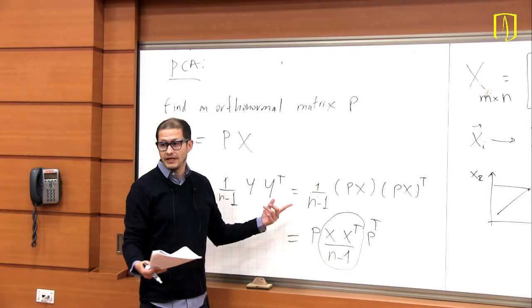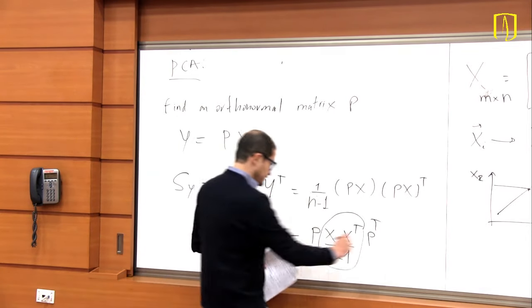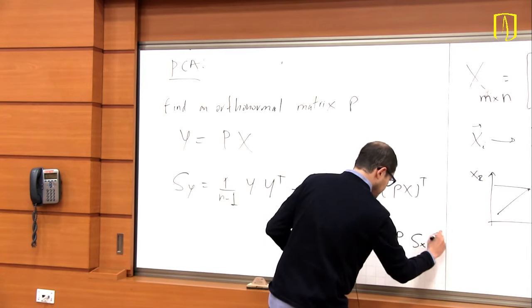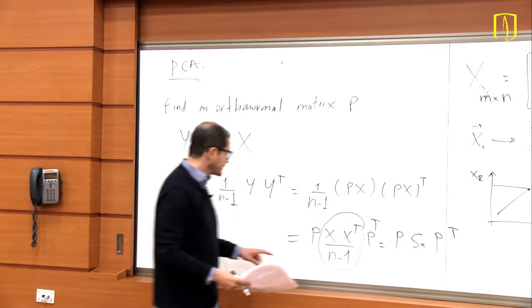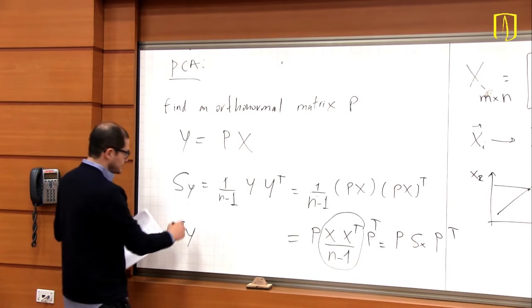The original correlation covariance matrix. So it's P S_X P transpose, and this is S_Y.